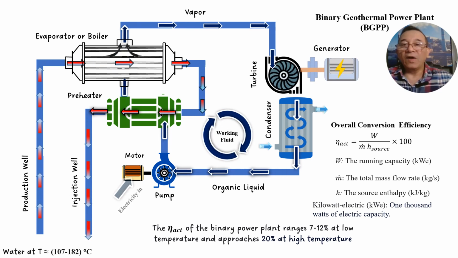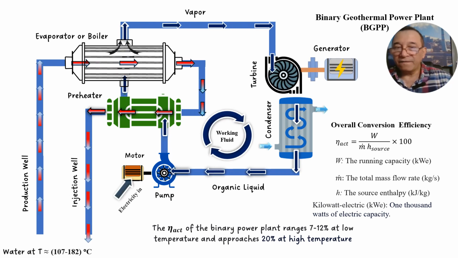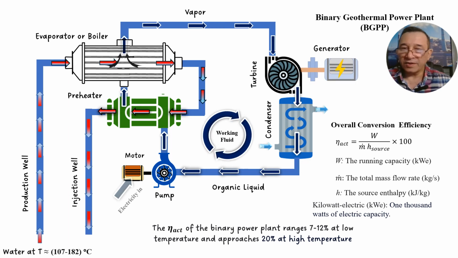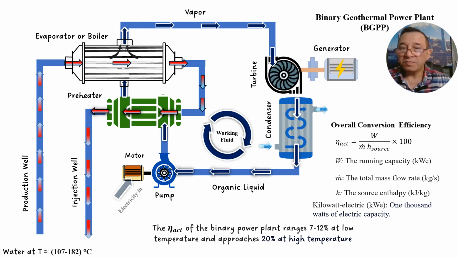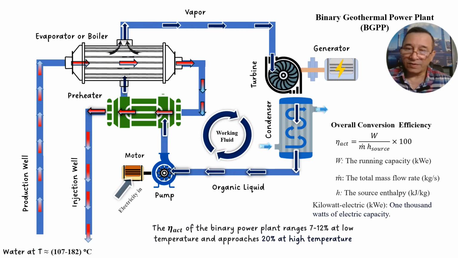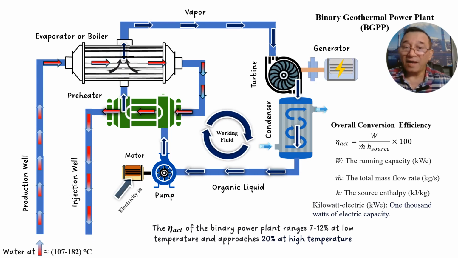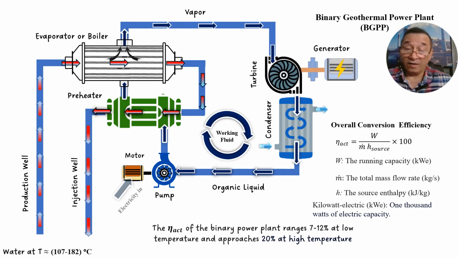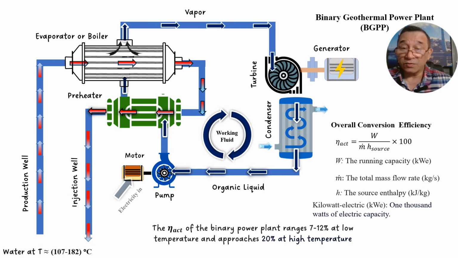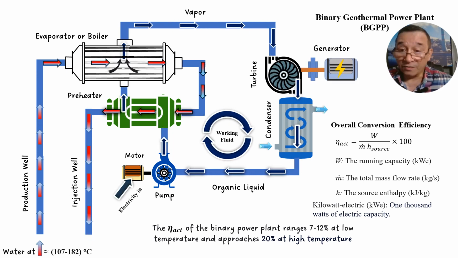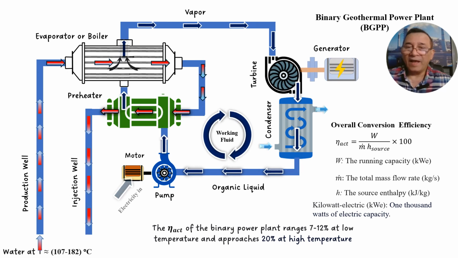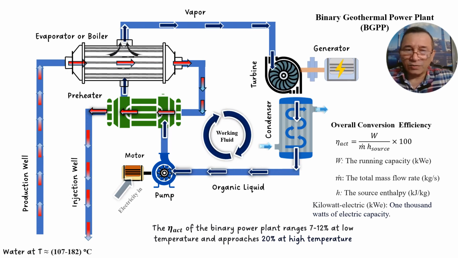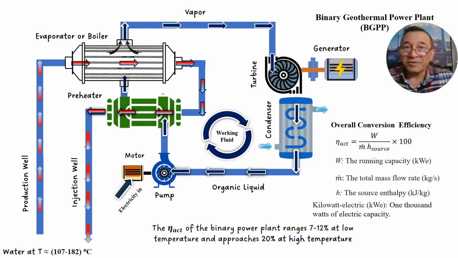In general, all of these types, dry steam, flash steam, and binary, give a conversion efficiency range between 7 and 21%, and an average global value internationally for these plants used in different countries is about 12%.